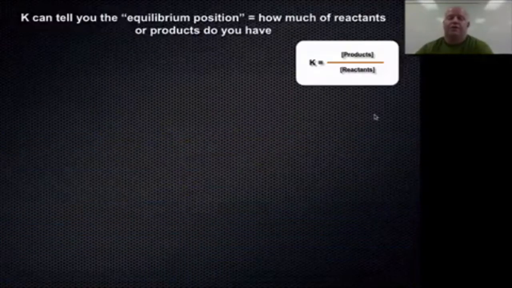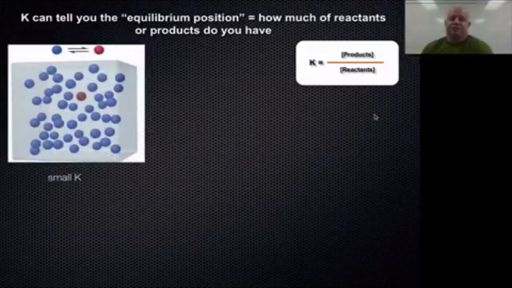Okay, so let's take a look at this idea in terms of positioning. Now, if you have a small k value, so if your k value or your equilibrium constant is small, alright? If you think about that, we're taking products divided by reactants. So if mainly everything in here is reactant and there's very little product, our value for k would be very small, right?